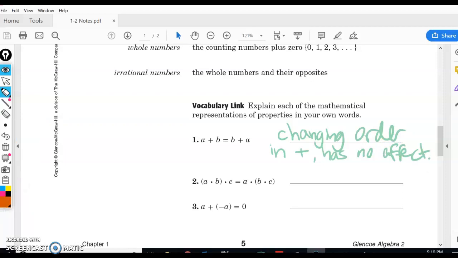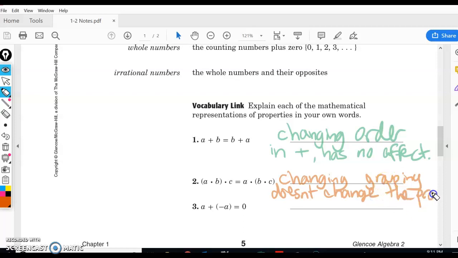Same thing applies to multiplication. Changing the grouping in a multiplication doesn't change the product. Basically 1 and 2 means you move any numbers around in an addition or multiplication problem. It does not affect the answer on either side.